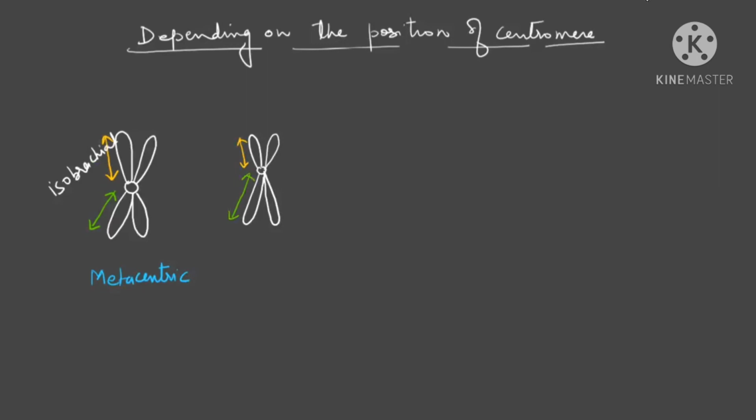The short arm is known as P. Please, this is again a PMT question. The short arm is known as P, and the long arm is known as Q. Learning tip, you can learn it this way.